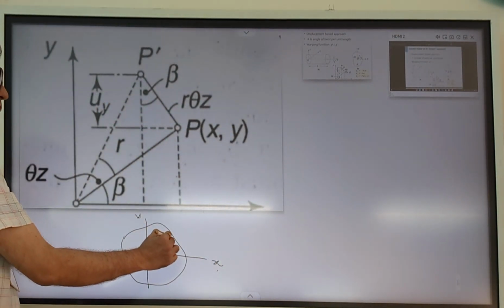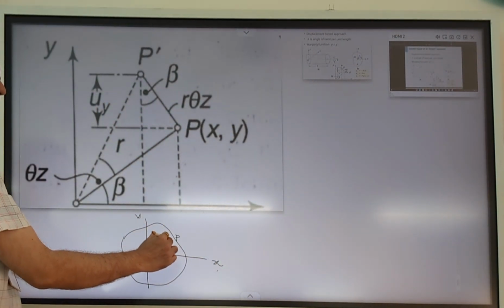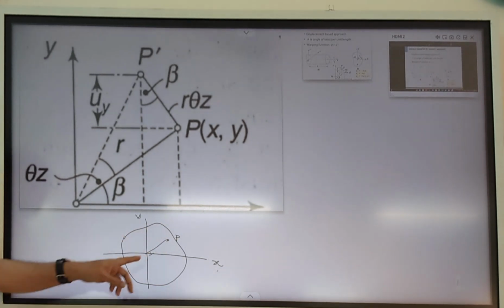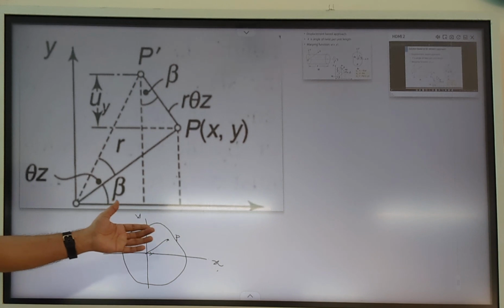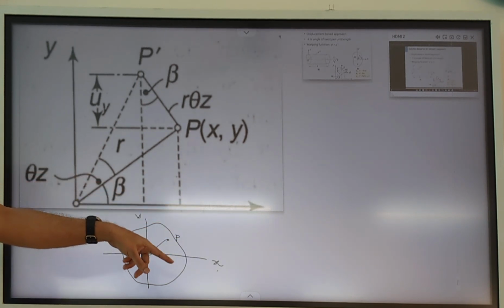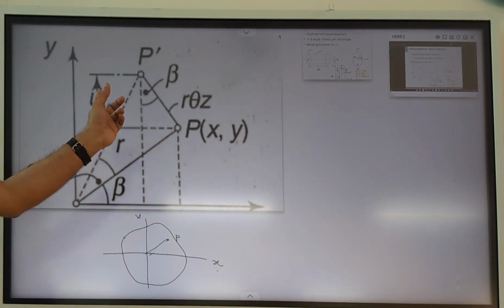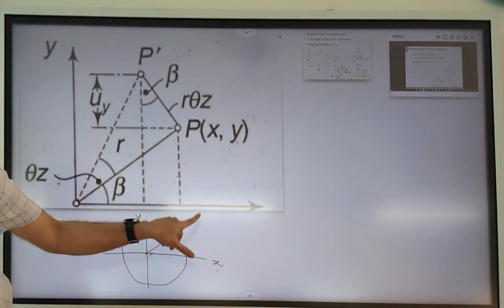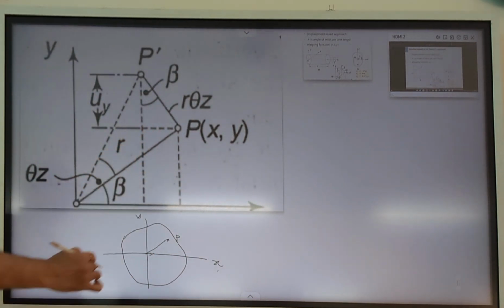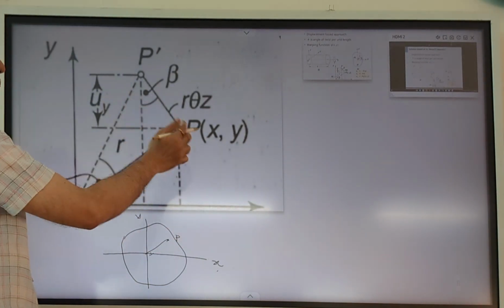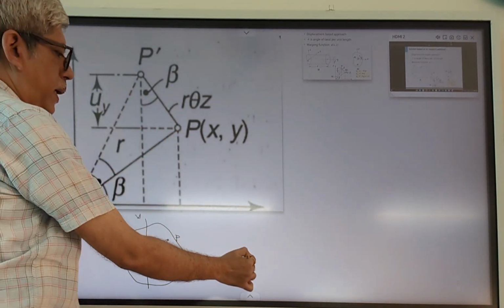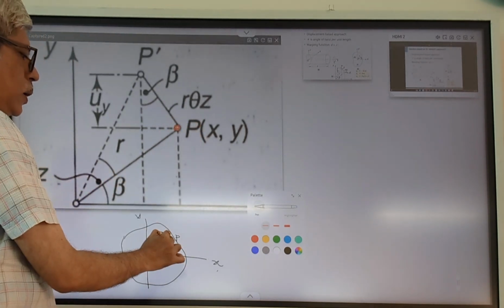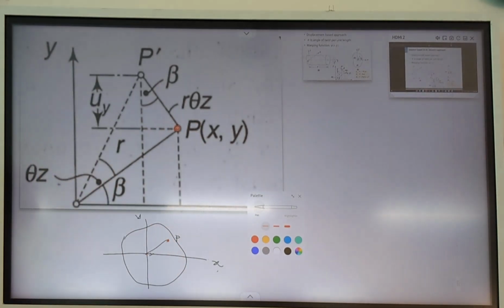We are considering some point P in this body, and we want to establish what is the x direction displacement of this point, y direction displacement, and z direction displacement of this point. Now this figure is zoomed up here, so this is the point P that we are discussing. This is the original position of the point.